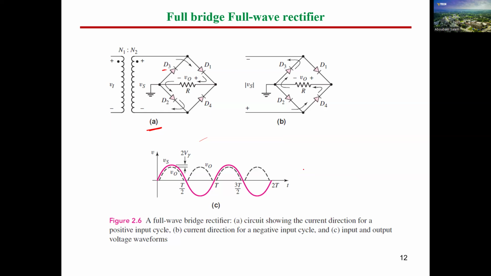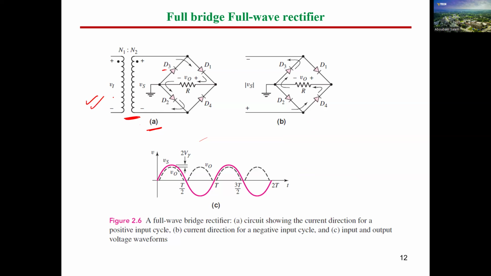So we do prefer to use the full bridge rectifier compared to the previous configuration, which is called the center tap configuration. One more thing, guys, the center tap transformer is more expensive than this 2-winding transformer. So we do prefer to use this circuit configuration compared to the center tap one.